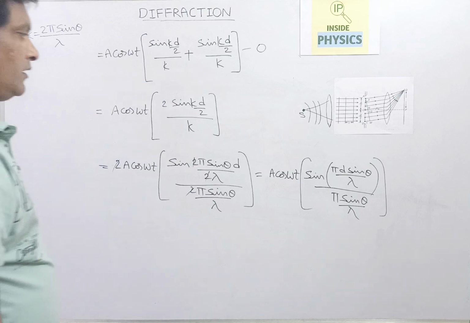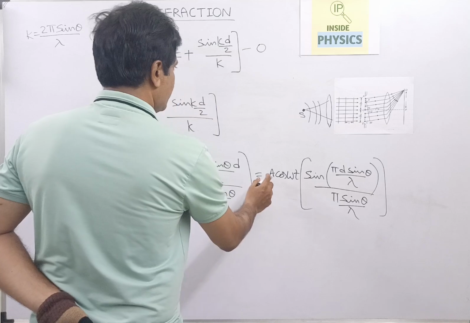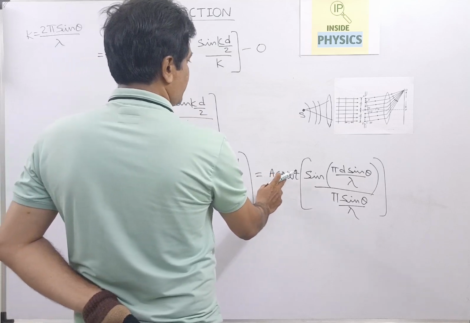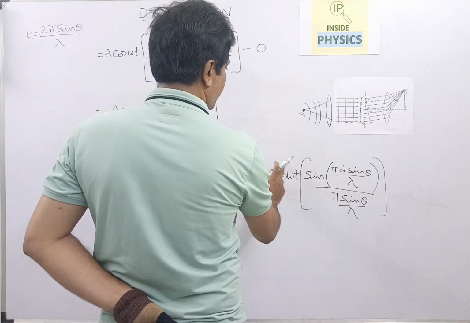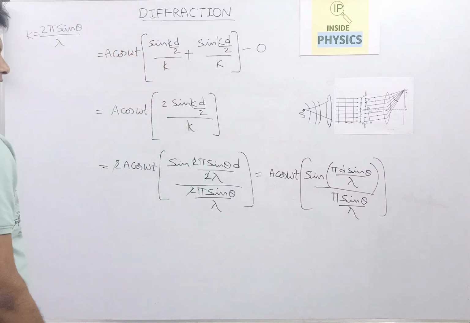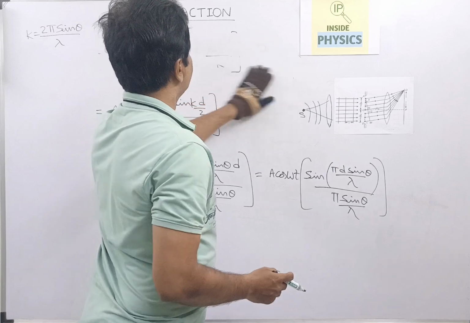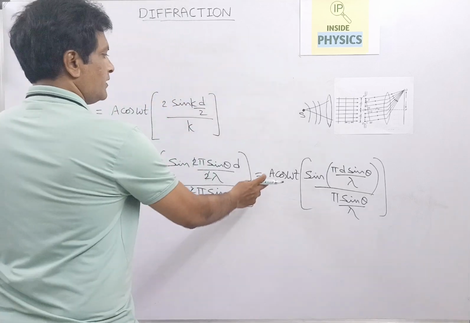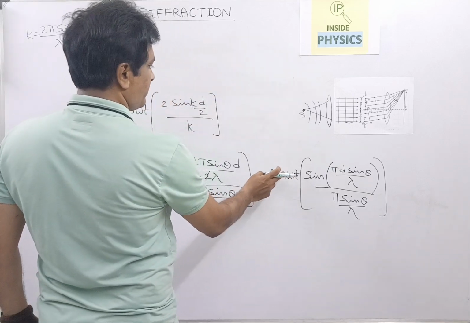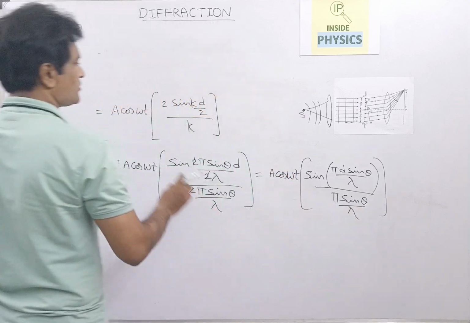Here, if I take d, multiplying the numerator and denominator by d, what happens? I am writing here, a cos omega t. I am multiplying this numerator and denominator by small d.